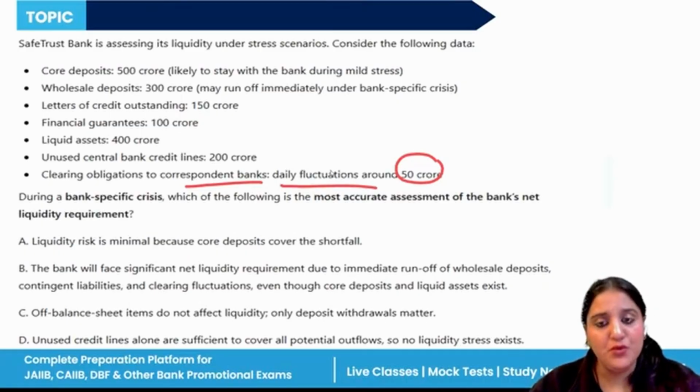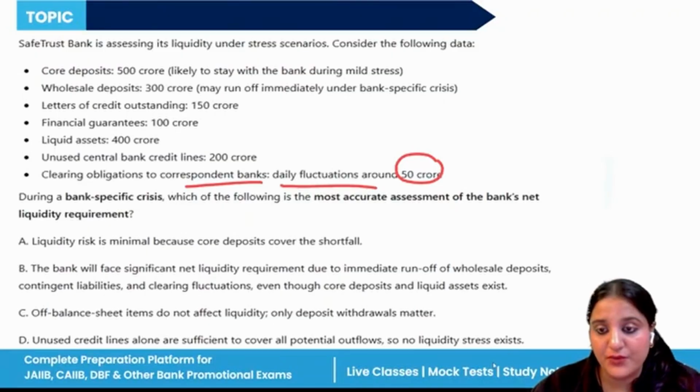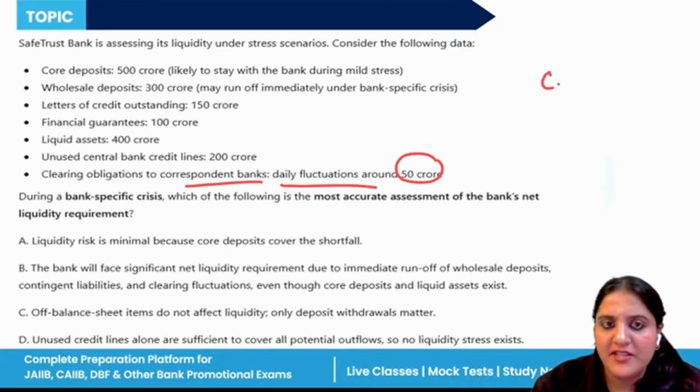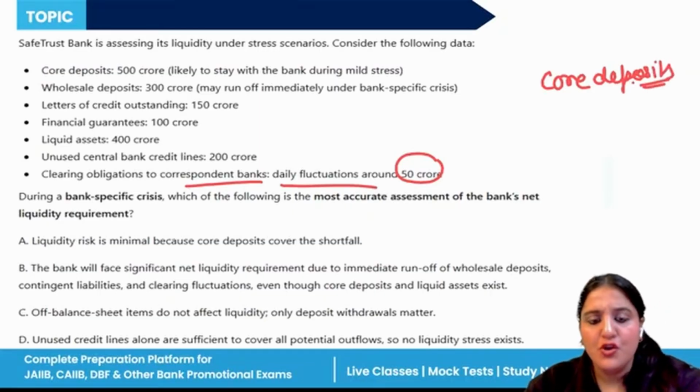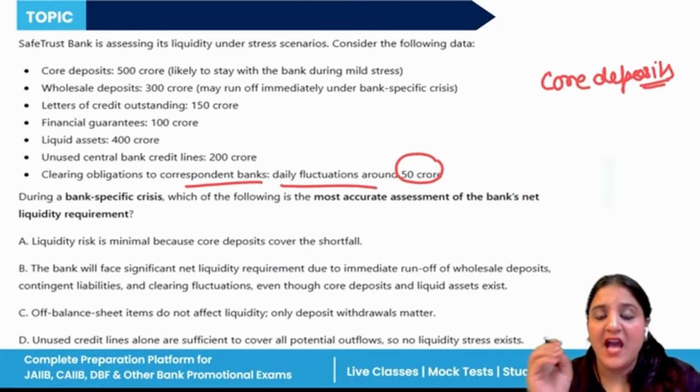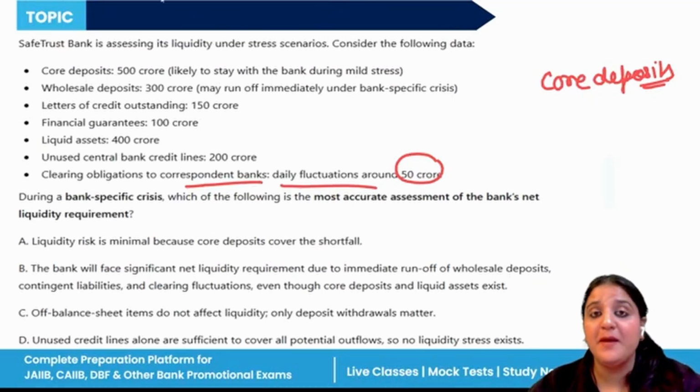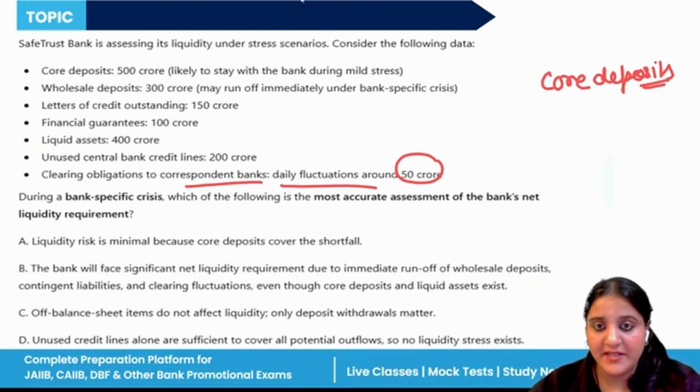Here we know that in liquidity risk management, it is very important to understand the different ratios. Core deposits are stable and will largely remain with the bank, right?